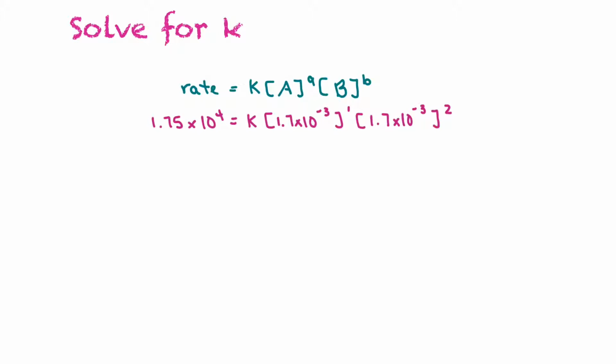So if we rearrange and isolate for K, K is equal to 3.56 times 10 to the power of 12 liters squared per mole squared second. And that's how you solve for the rate of reaction.